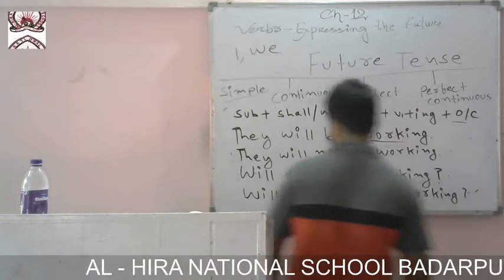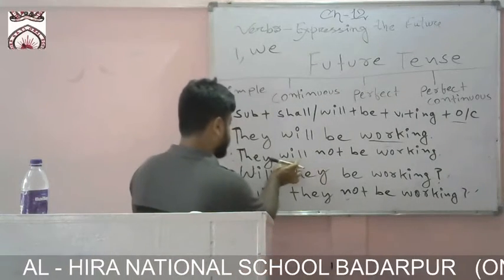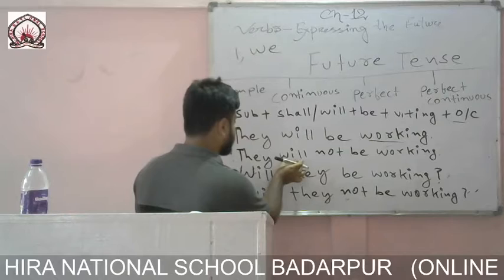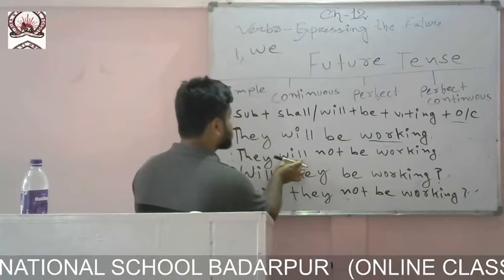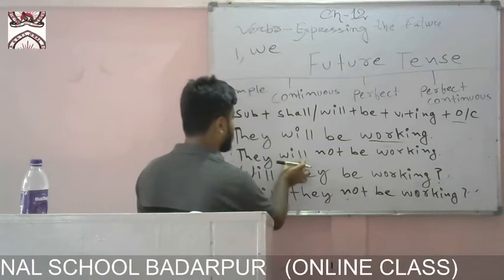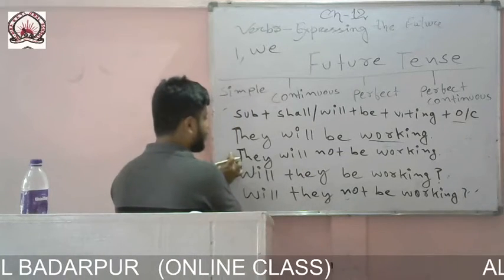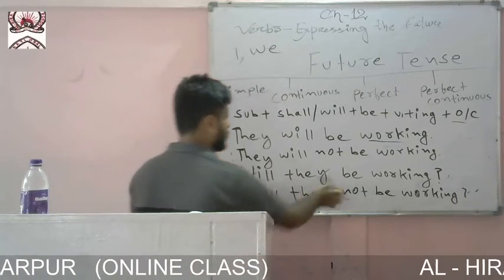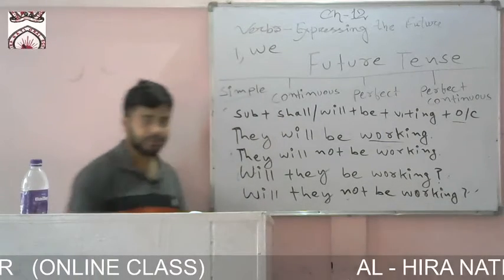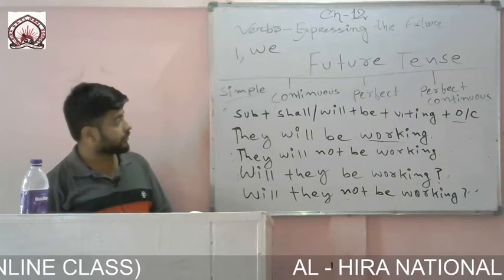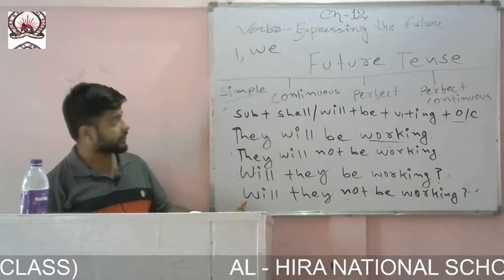Question mark at the end. This was our future continuous negative sentence. Just bring the will at the beginning. Will they not be working? I hope you have understood this.